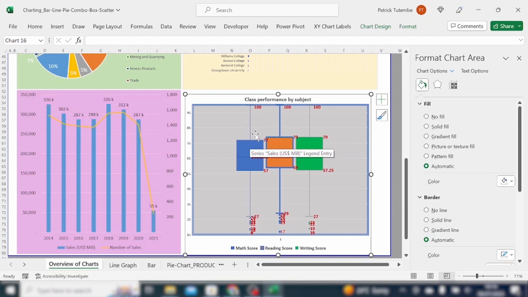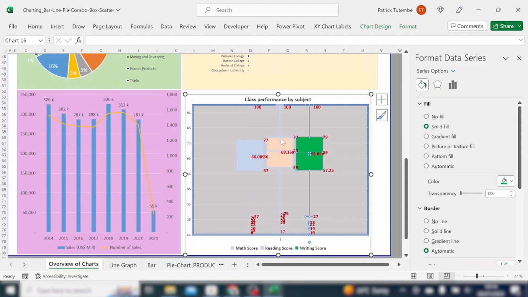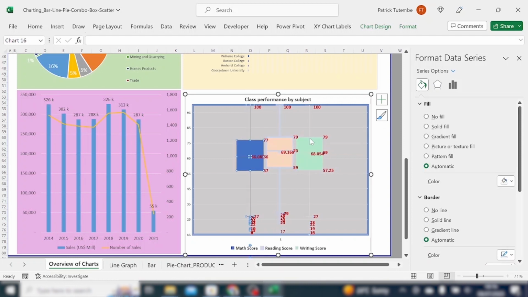So you have a data set, for example, performance of students in class across different subjects, where you have a box per different subject. You can also use a box plot to analyze, for example, loan performance for the different products. You can analyze a box plot for different income for households or for the population across the different sectors of the economy.